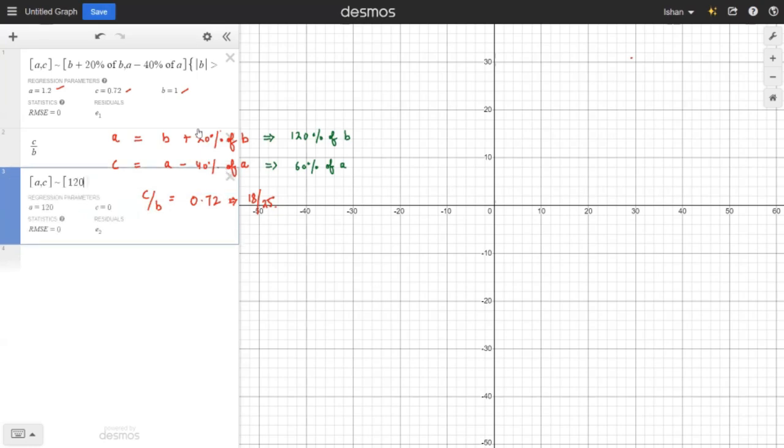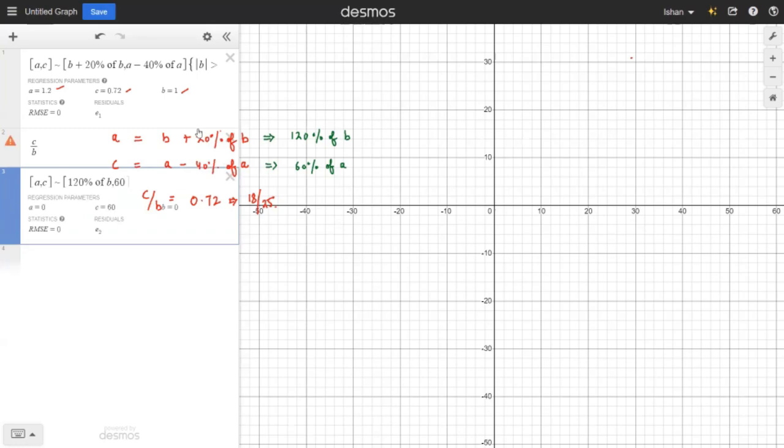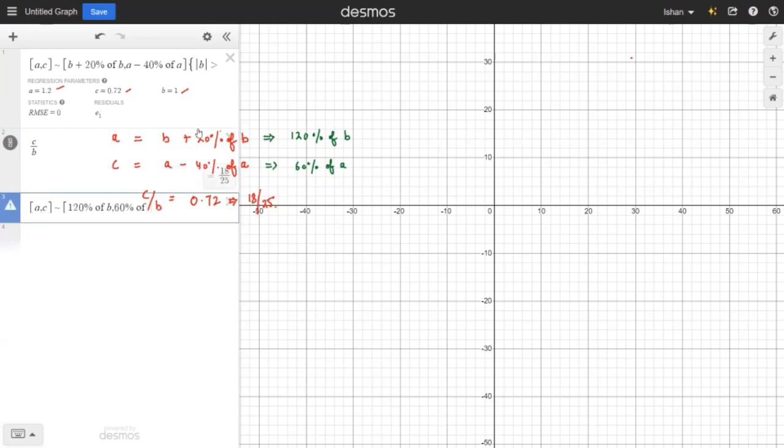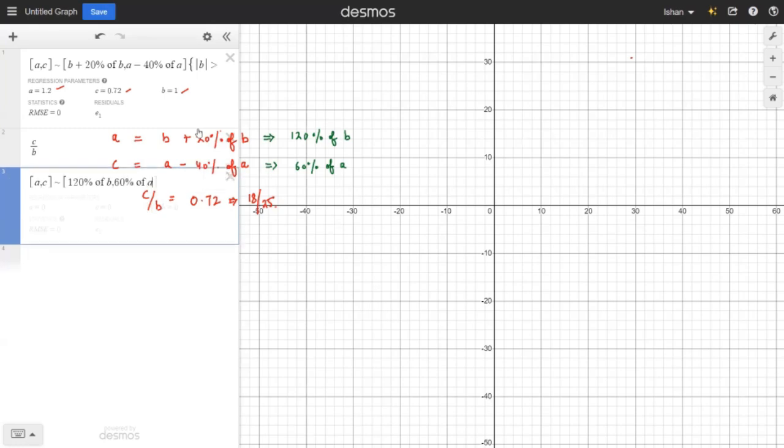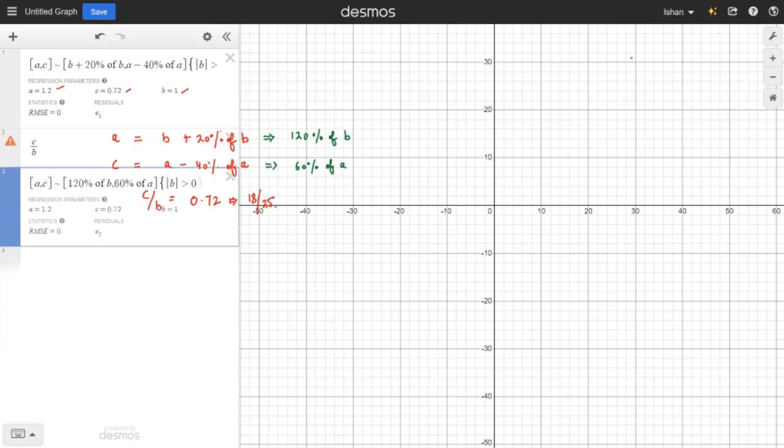I'll just write 120% of B, comma, 60% of A, and definitely we need to use the curly brackets where the things have to be positive for sure. So in the modulus, I'm just writing that modulus of B has to be greater than 0. I'm just removing that curly brackets. You will see that the same results are being displayed, whatever we have for the above one.